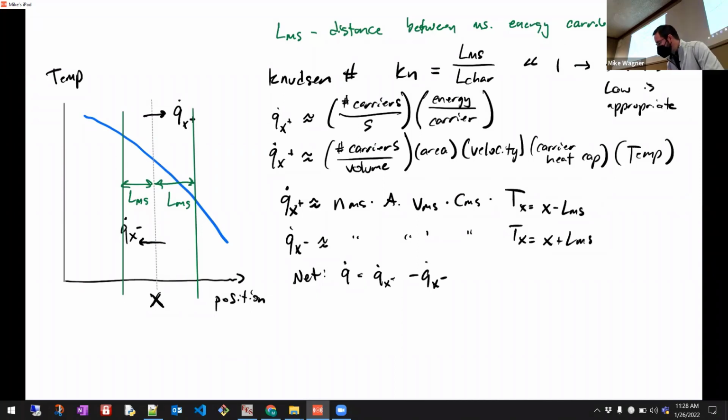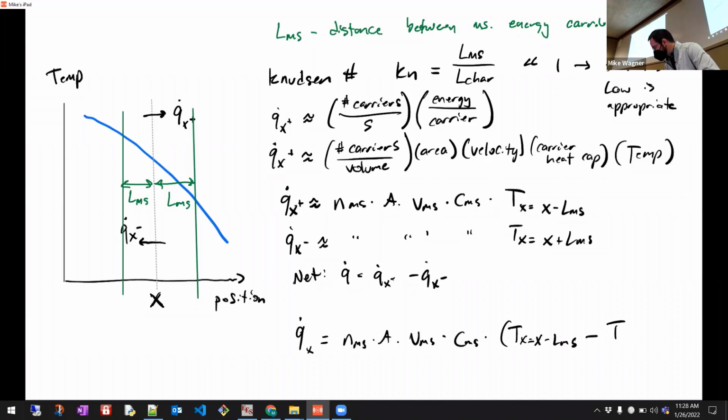We write that out, and Q dot in the x direction net is equal to n_ms times A times v_ms times c_ms times T at x minus L_ms minus T at x plus L_ms. Just make sure I got that right.